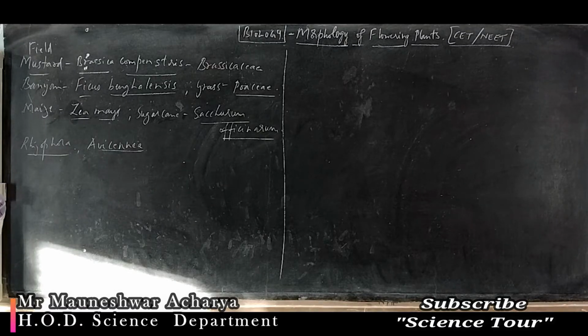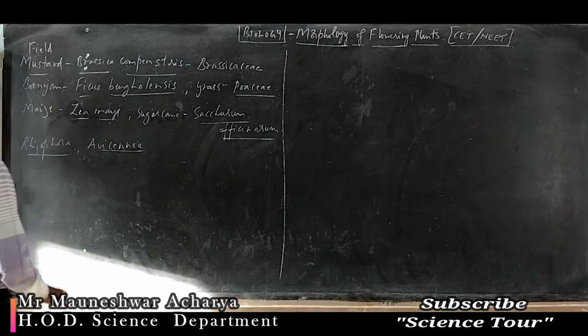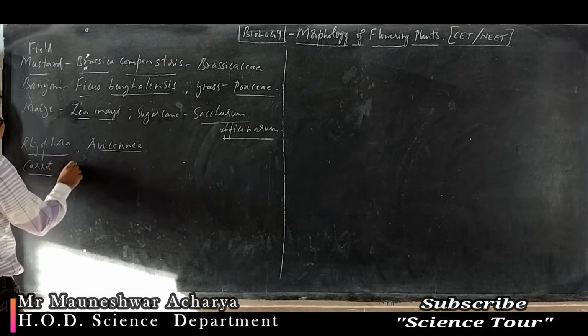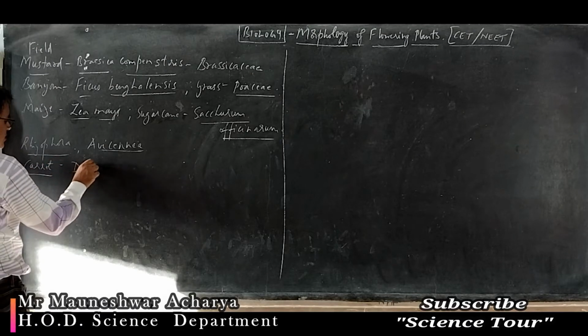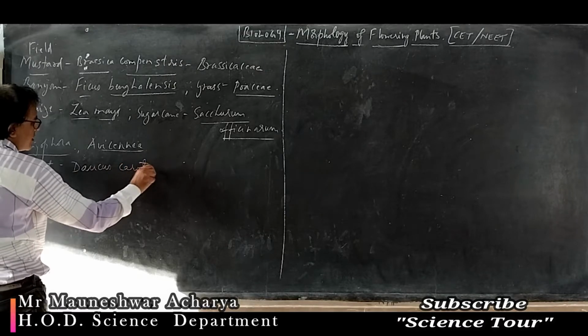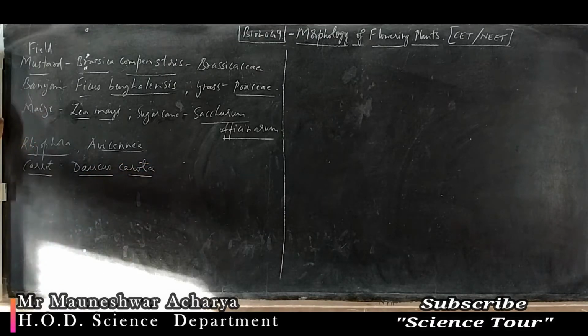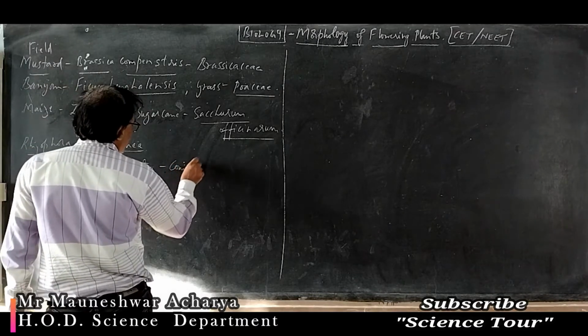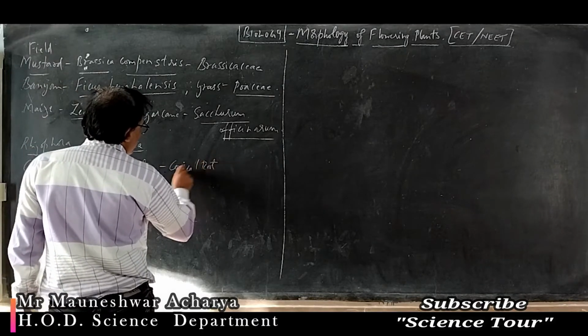Then there are underground root modifications seen in the case of carrot, Daucus carota. Daucus carota is the scientific name of the carrot. So they have a conical root. What is this conical root?